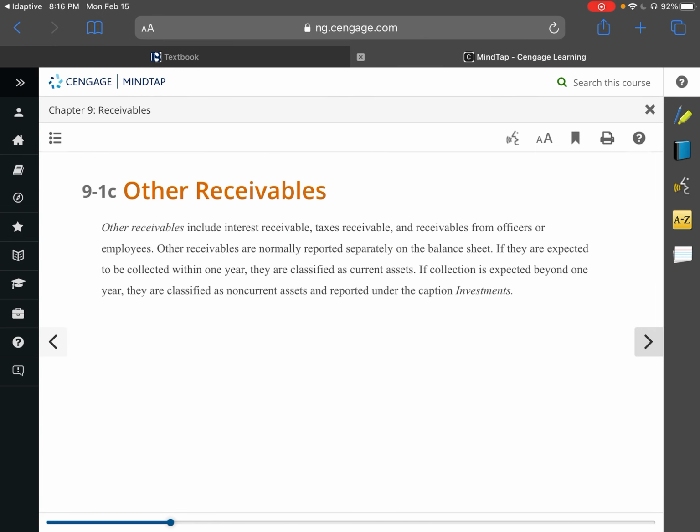Okay, then there's also other receivables that we're not going to spend a lot of time talking about, but they include interest receivables, taxes receivable, and receivables from officers or employees. Those all would be reported on the balance sheet. They're all going to be reported separately because they're different line items. And just like accounts receivable and notes receivable, if they're expected to be paid back within a year, they're considered short term.